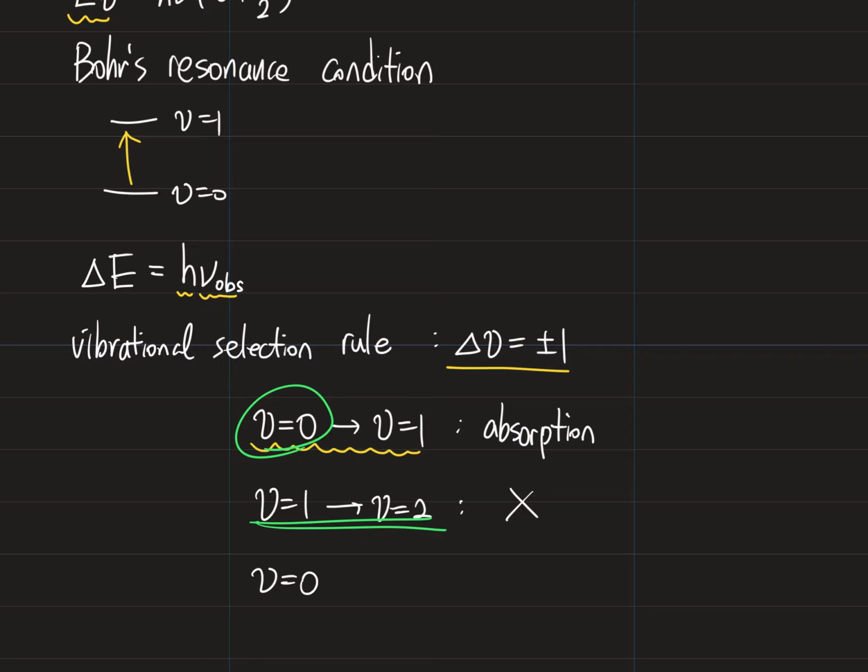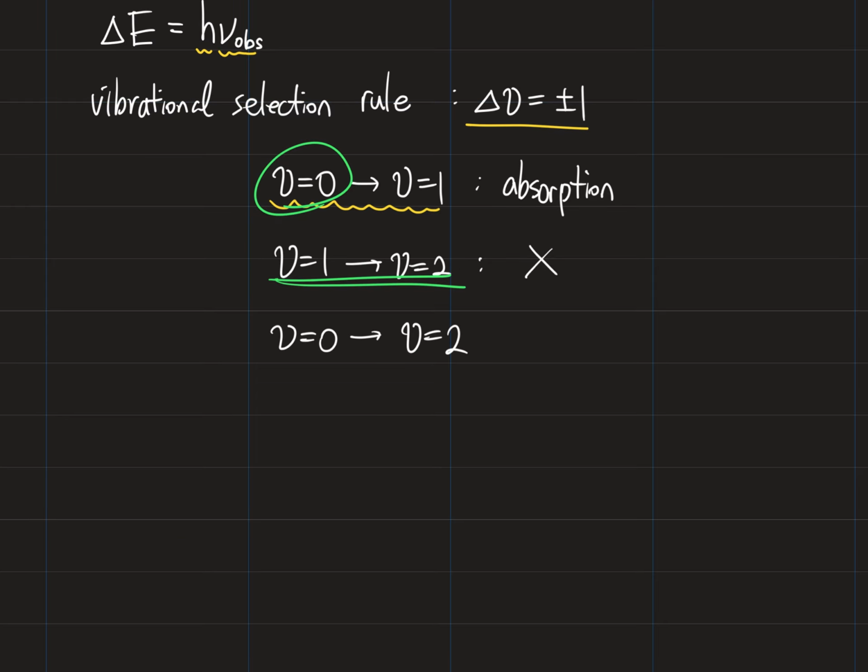So what about this transition, v equals 0 to v equals 2? According to the vibrational selection rule of the harmonic oscillator, this shouldn't be allowed. It is forbidden. But we are also going to discuss later that this is somehow very weakly allowed.